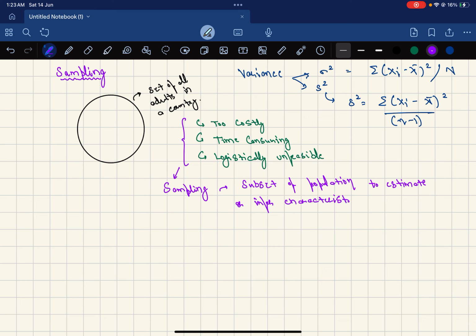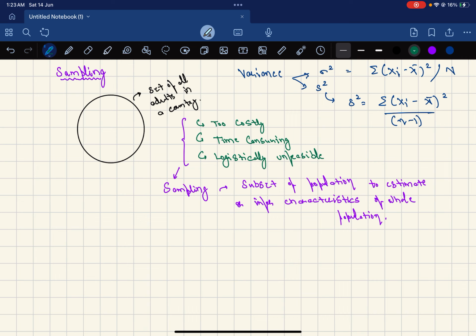Just by taking a survey of a few adults, we should be able to get some idea about the whole population as well. That is what sampling is, and the reasons for sampling are that it is too costly, too time consuming, and logistically unfeasible to do the survey for all the population elements.